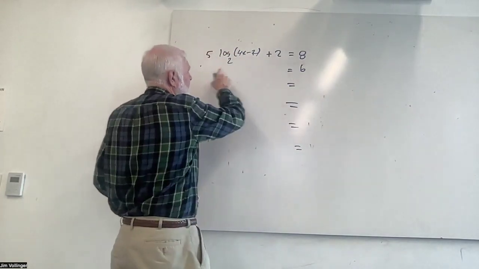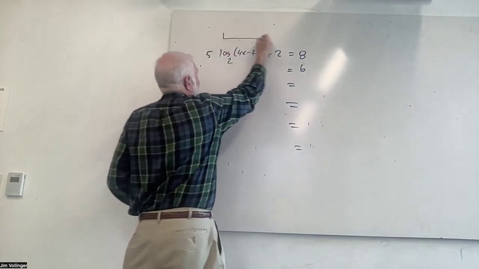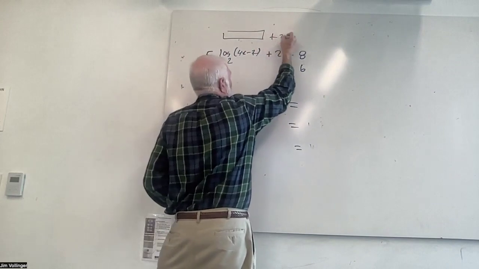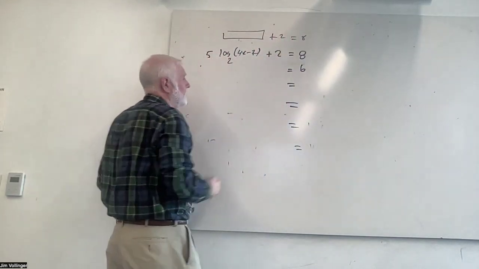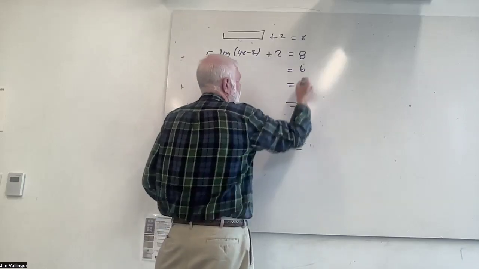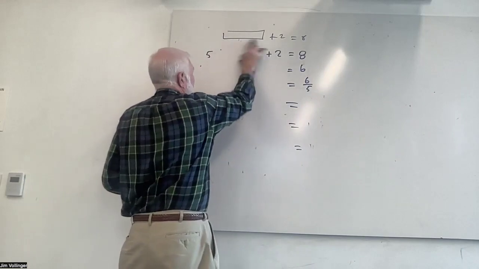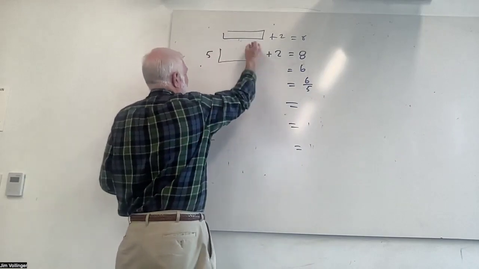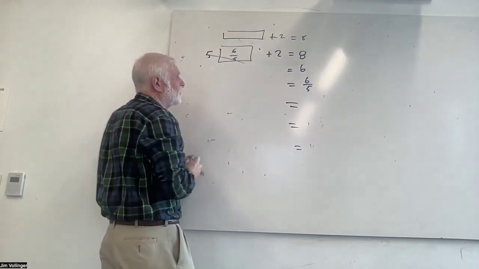Yeah, I think something plus 2 is 8. I guess that something would have to be 6. Yeah, I guess that would be probably the thing to do. If I'm multiplying by 5, then this thing probably should be 6/5. Yeah, I guess 6/5 makes sense.